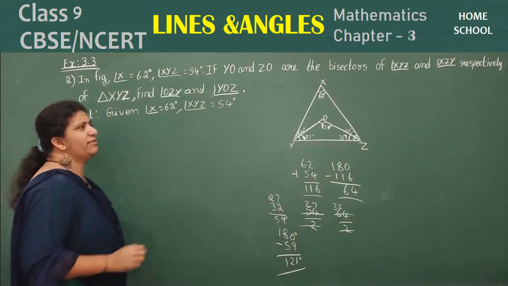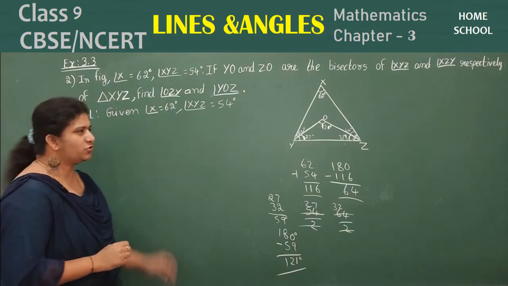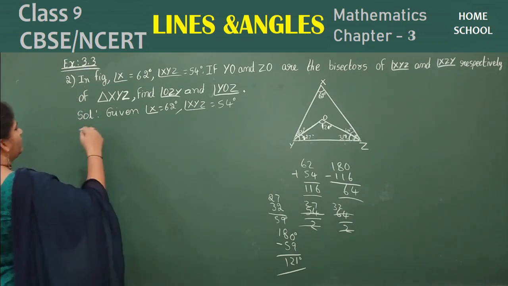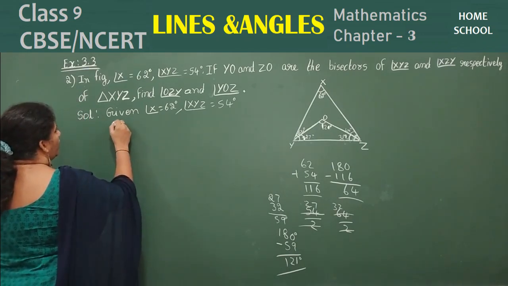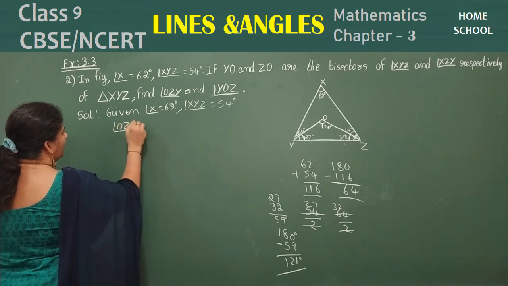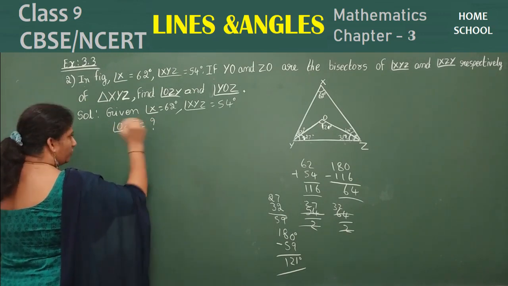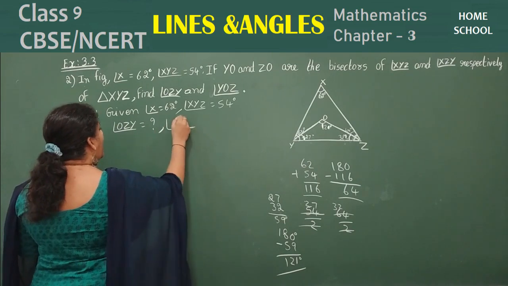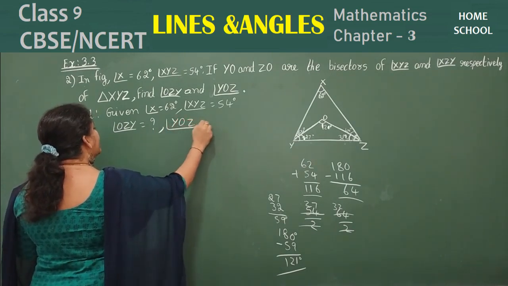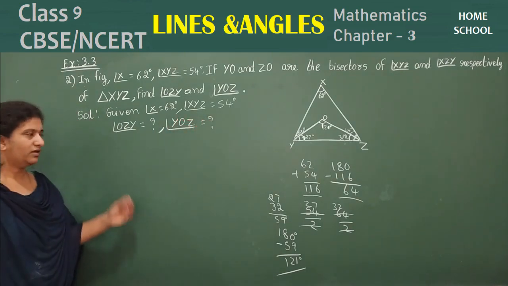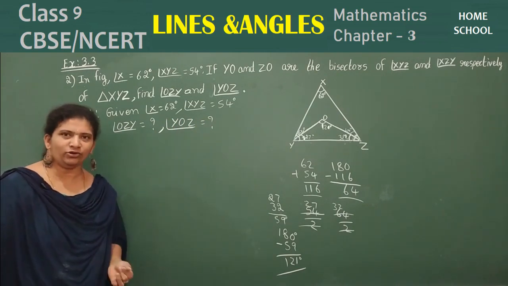YO and ZO are the bisectors of the respective angles. You can write that point also. Then, what do you need to find? Angle OZY is equal to question mark and angle YOZ is equal to question mark. These two angles I need to calculate.